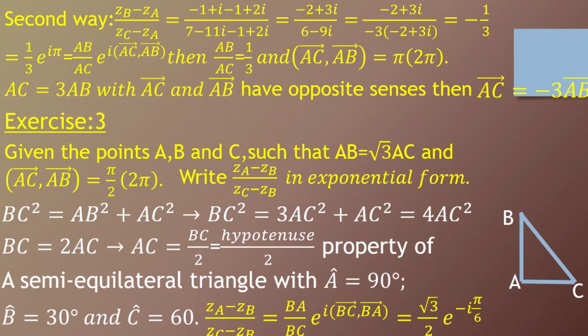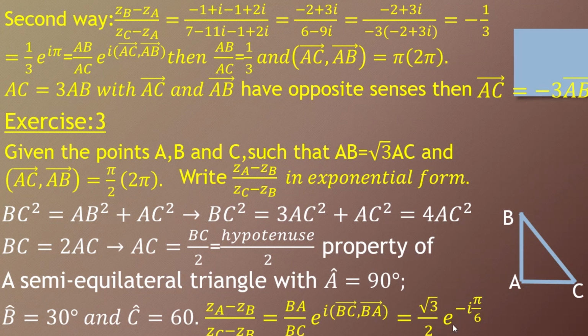ZA minus ZB over ZC minus ZB is BA over BC. BA equals radical 3 over 2 BC. Then we simplify by BC, we get radical 3 over 2. And the angle from BC to BA, in the opposite sense, is minus pi by 6.